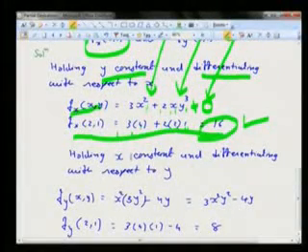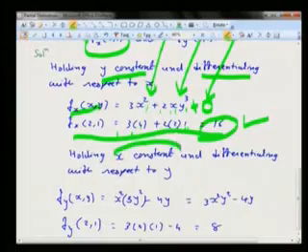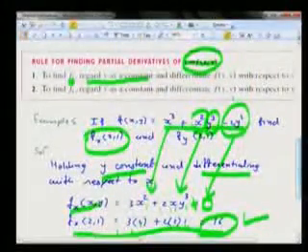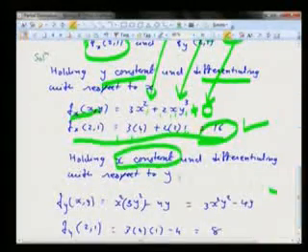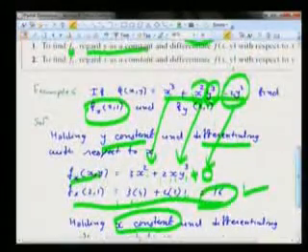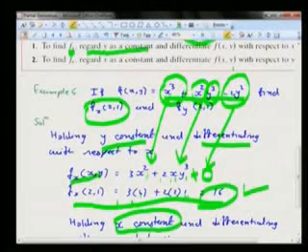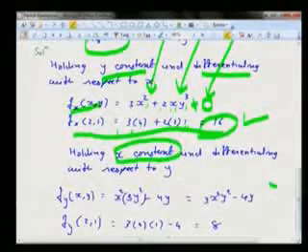Okay, now the partial derivative of the function with respect to y. Consider x as a constant and differentiate f of xy with respect to y. So the first term is x cube, and its derivative is equal to 0. In the next term, the derivative of y cube is 3y square, and x square stays as it is, so x square into 3y square.